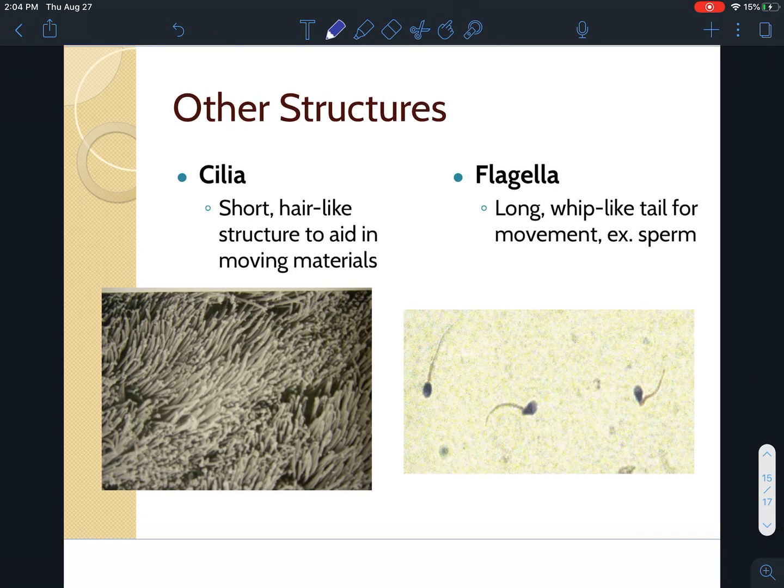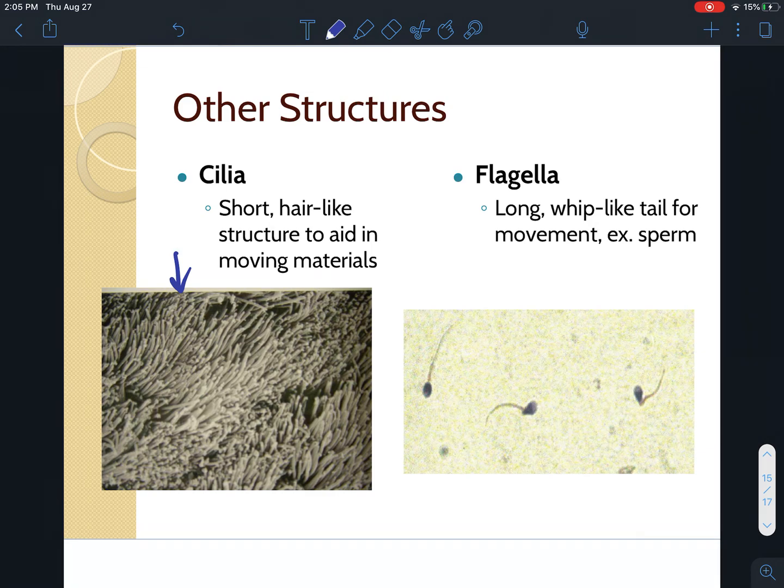And then the last two things here are structures that would be on top of the cell membrane. These are, again, for specialized cells. They're not on every cell. One is cilia. So cilia is different than microvilli. Microvilli is a plasma membrane itself in that wavy pattern. Cilia are little hair-like structures on top of the plasma membrane, and they beat together for some sort of fluid aspect.